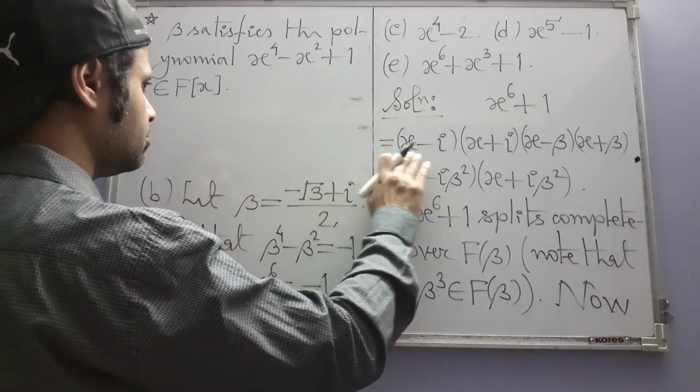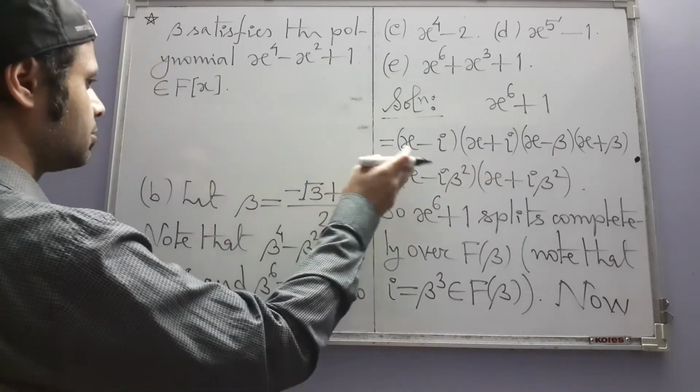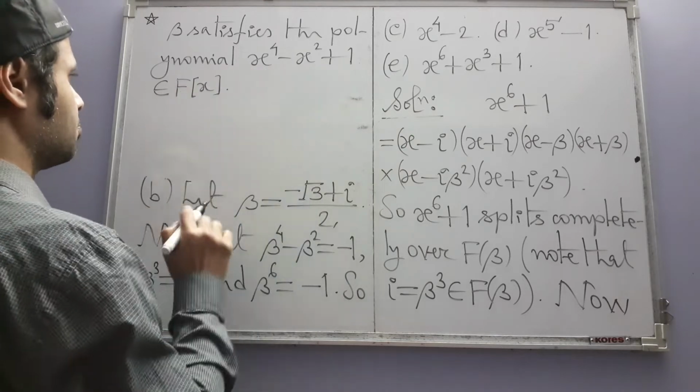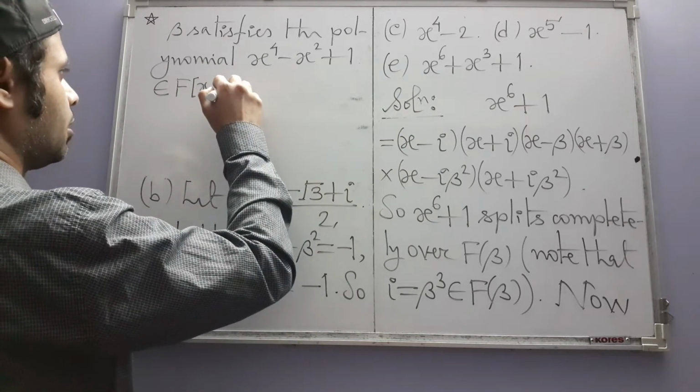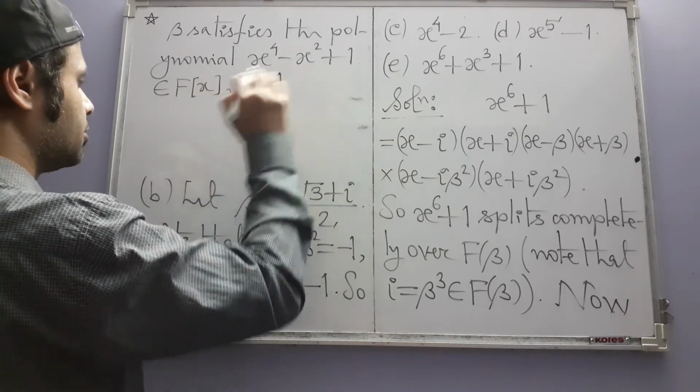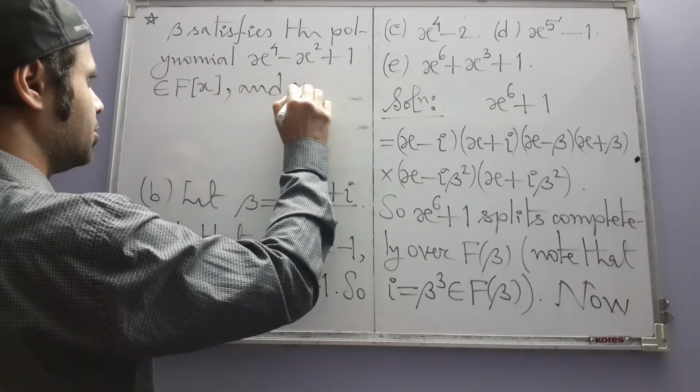So we are going to write a similar thing like this for this polynomial, and so we continue like this, we don't stop here.